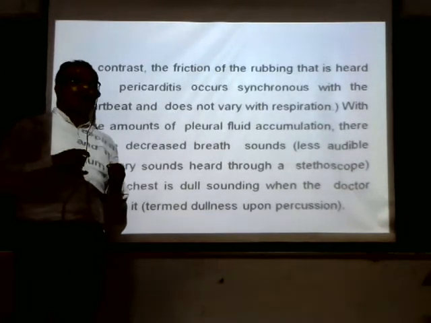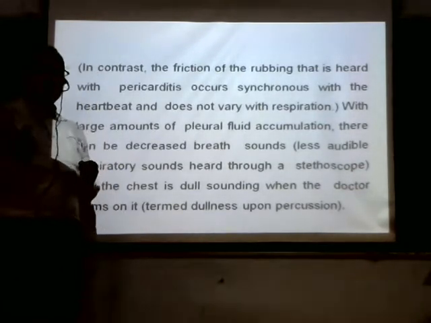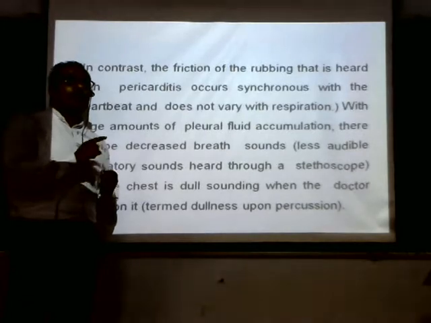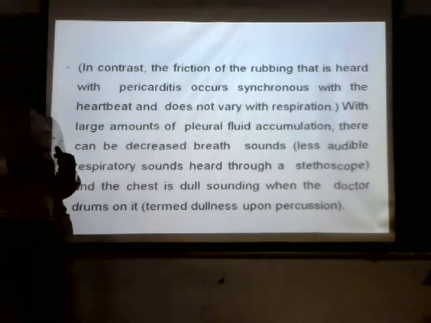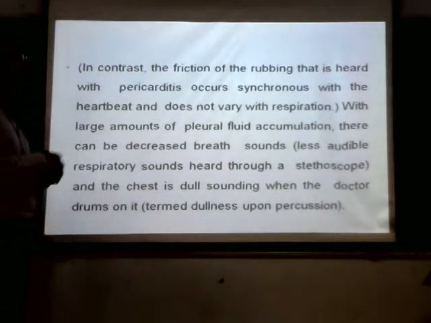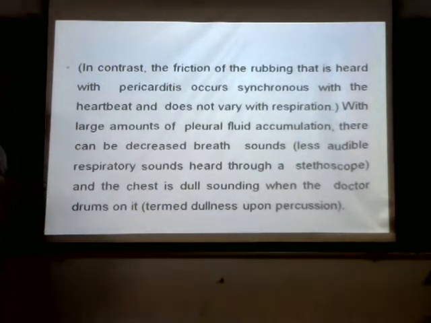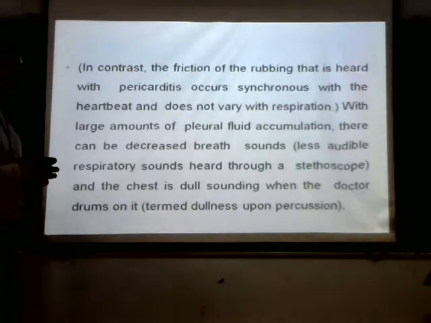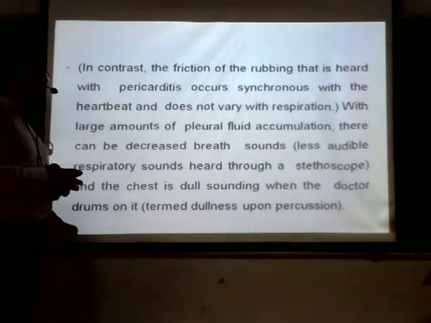If that sound varies with each breath, then it's due to pleurisy. Whereas if the sound is associated with the heart rate or the heartbeat, then you need to relate it to pericarditis.